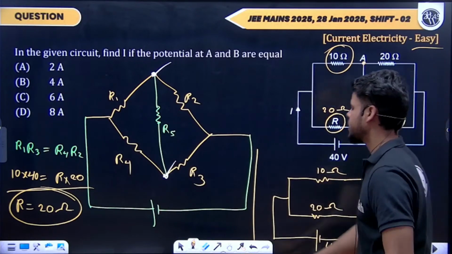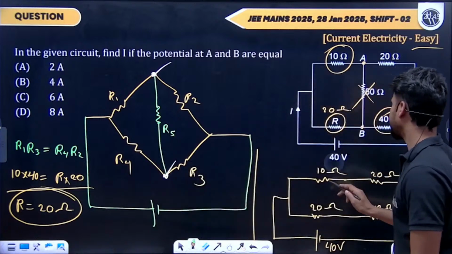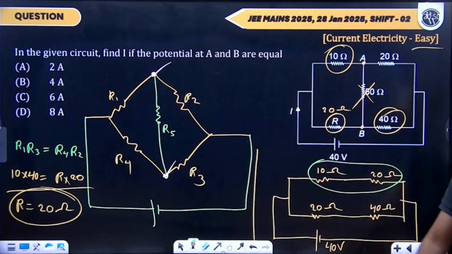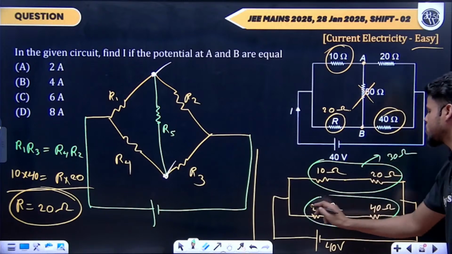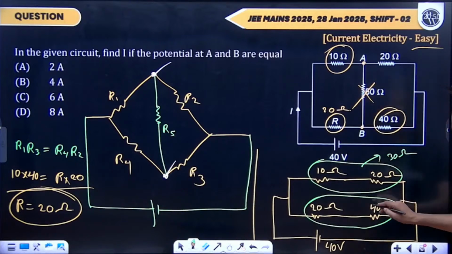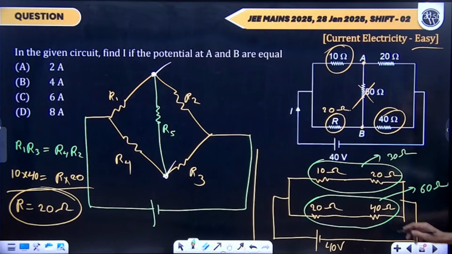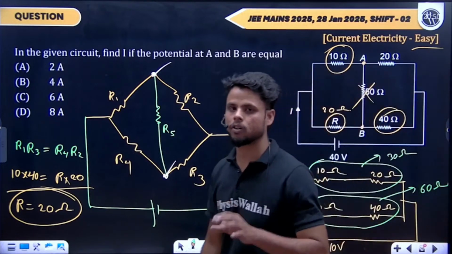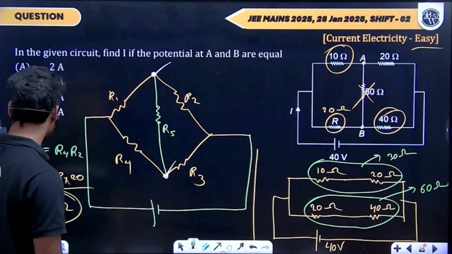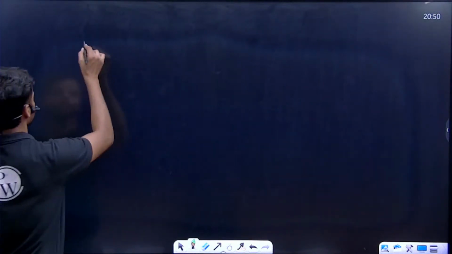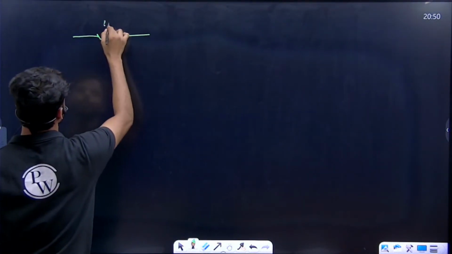Now, series combinations are added directly. This will give 20 plus 10, 30 ohm. 20 and 40 will be added directly because both are in series. This gives 30 and 60. Now both are in parallel. You know how to add resistors in parallel. Those will be added inversely, and we get a resistance of 30 ohm.